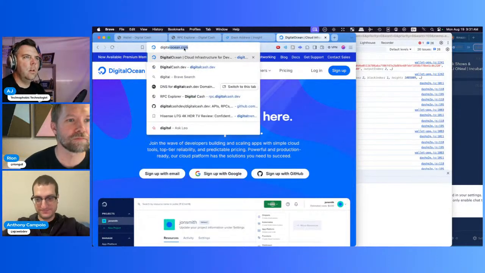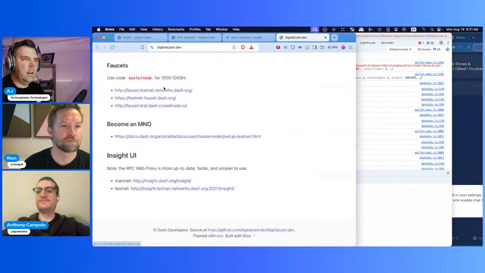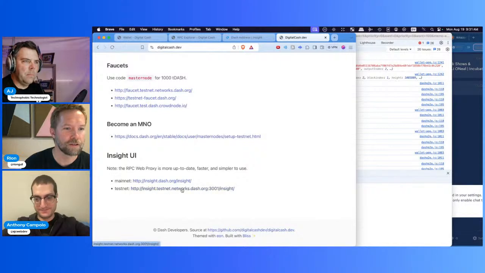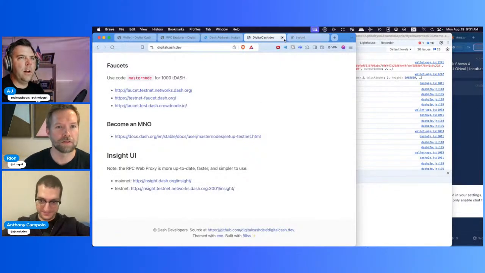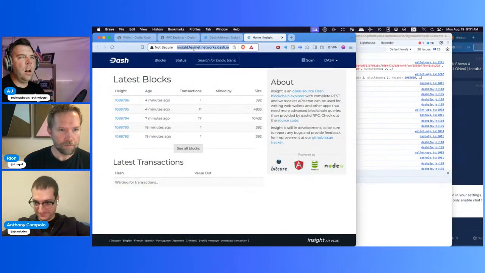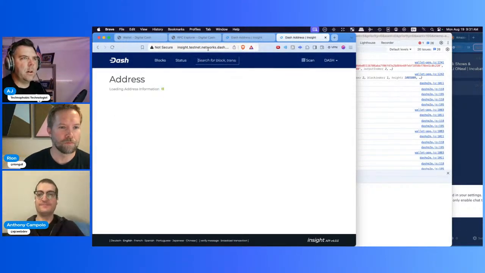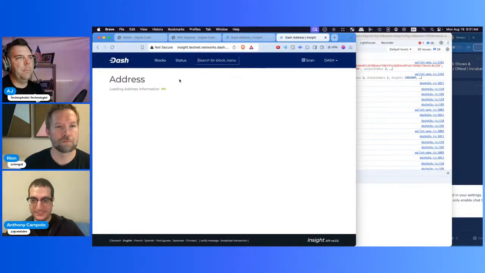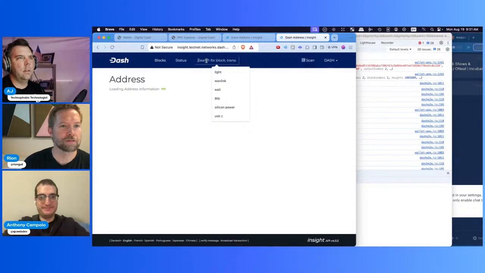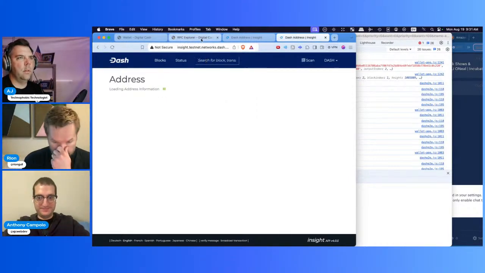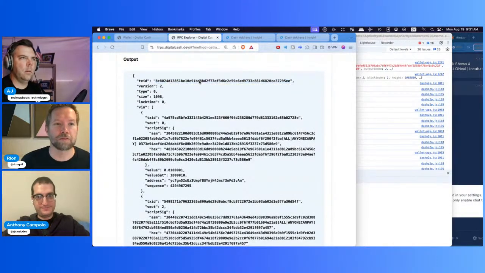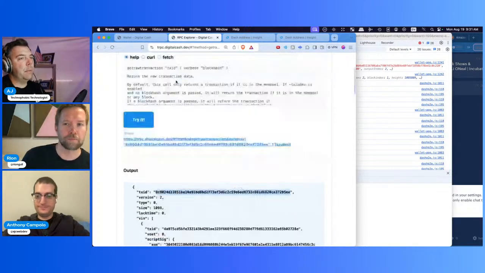On digitalcash.dev, I'm including links to resources that are common resources like this. I think it's defunct. It's not showing up. Try refreshing. All right, I'll try refreshing. But you're right, these tools are not very well maintained right now. Simpler tools mean simpler maintenance.